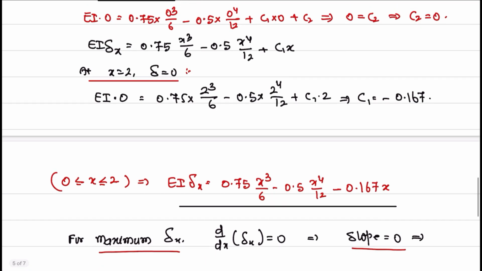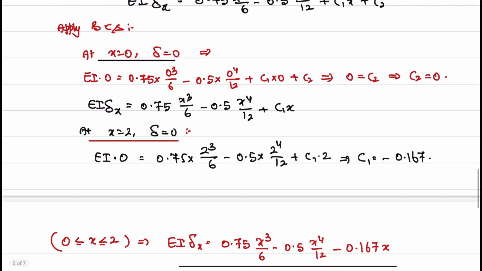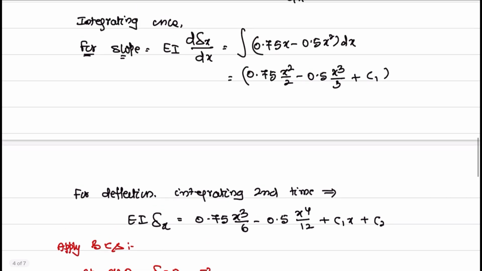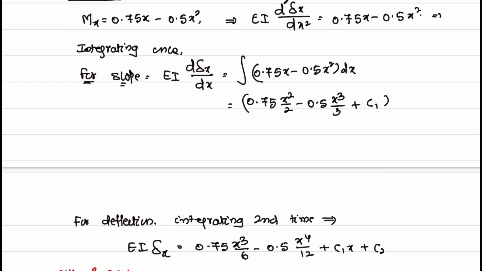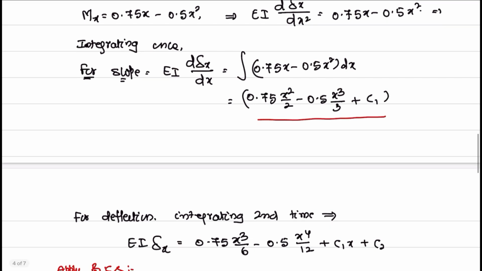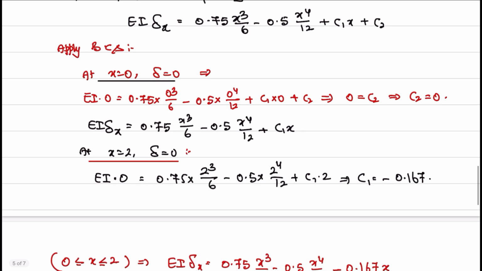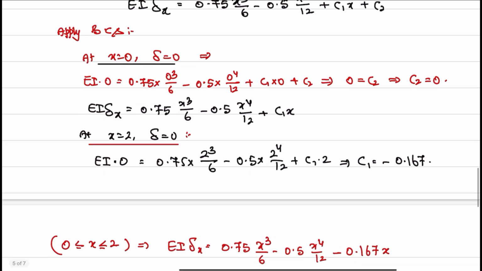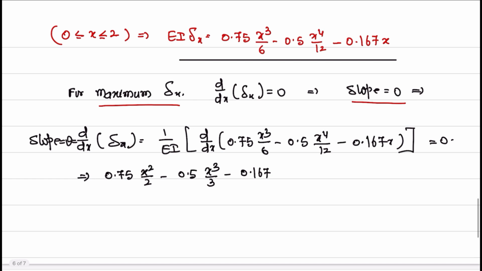If you see the previous equation, 0.75 x cube by 6 minus 0.5 x to the power of 4 by 12 plus C1x, then only one integration we had done, the equation was 0.75 x square by 2 minus 0.5 x cube by 3 plus C1x. Because we had to find the C1 value, we went into all these details and substituted the C1 value here.